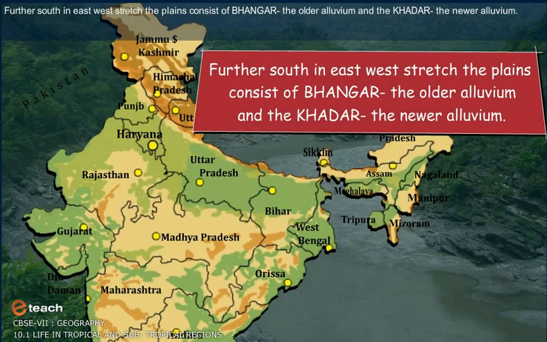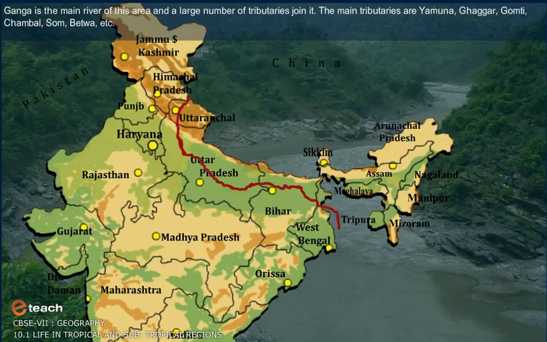Further south in east-west stretch, the plains consist of Bhangar, the older alluvium, and the Khadar, the newer alluvium. The Ganga is the main river of this area and a large number of tributaries join it.